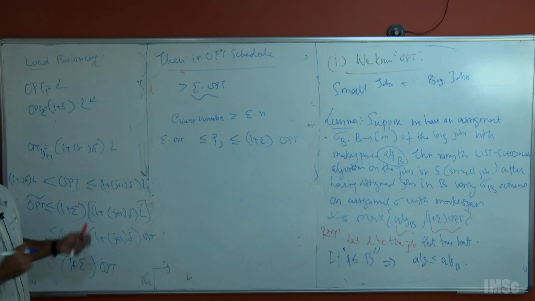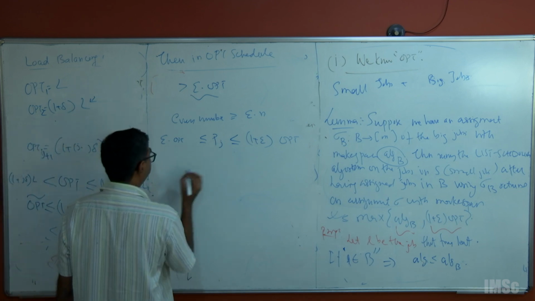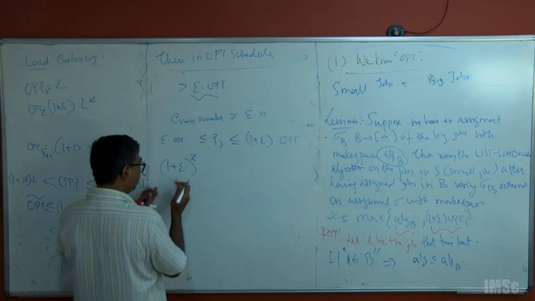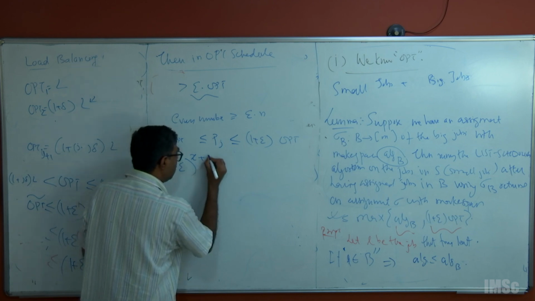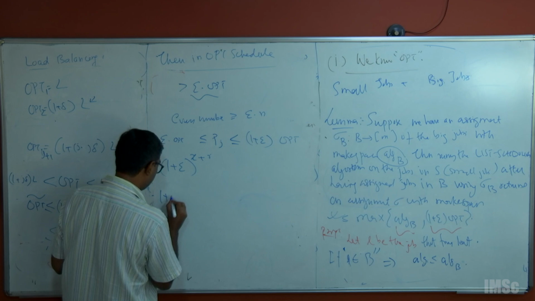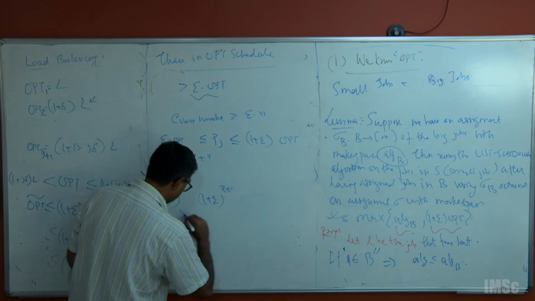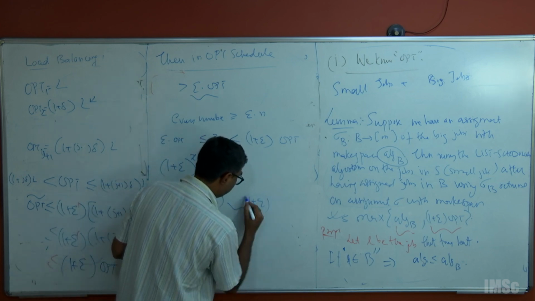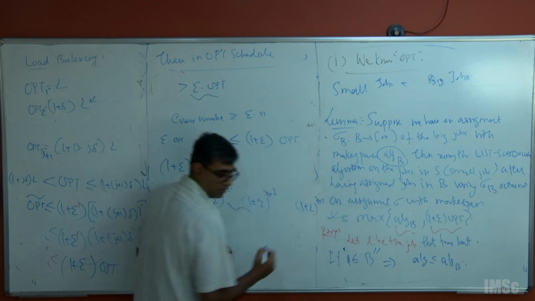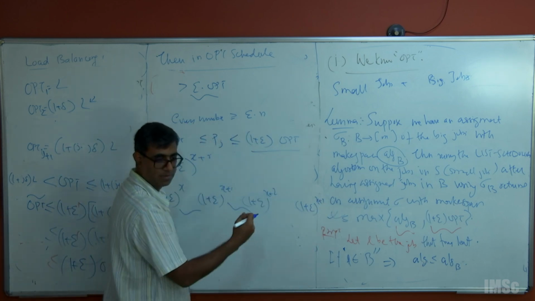And if I am making buckets of size 1 plus epsilon, I can think of my smallest bucket being 1 plus epsilon to the power x, and starting from this smallest bucket, I take r more steps: 1 plus epsilon to the x plus 1, this is one bucket, 1 plus epsilon to the x plus 2, this bucket, till I reach 1 plus epsilon to the x plus r, which is the largest value of any Pj, right?